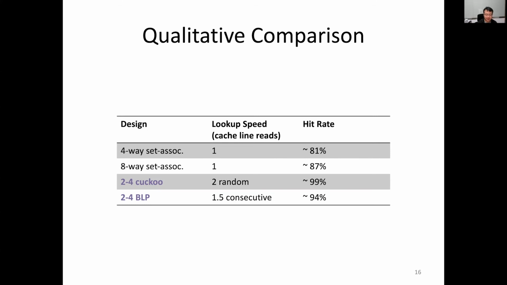As I will show you later in this talk, this trade-off makes sense for the case of OVS because the packet rate is just very high, and the increased hit rate of 2,4-cuckoo is not enough to compensate for the long lookup latency of that data structure.